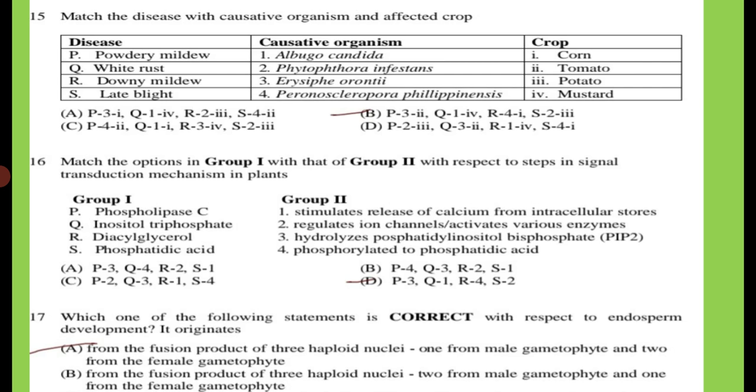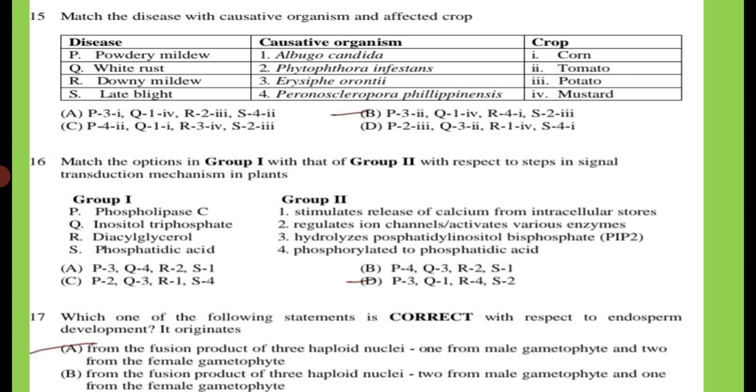So for inositol triphosphate, in group 2, the first point, it stimulates the release of calcium from intracellular stores, that is from the endoplasmic reticulum.